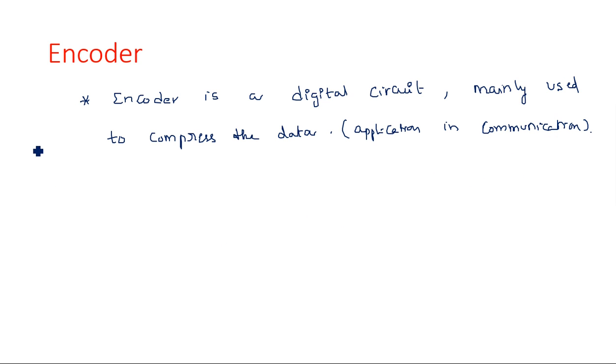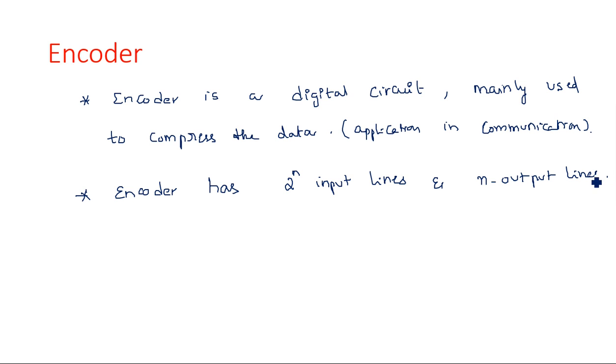The main important thing is that an encoder has 2 power n input lines and n output lines.